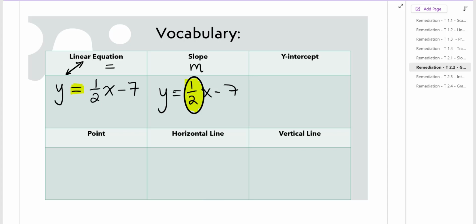Okay, the y-intercept, we use the letter B to represent it. So the y-intercept is -7.